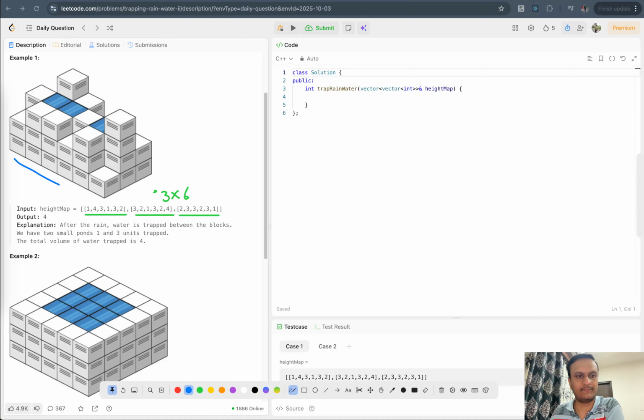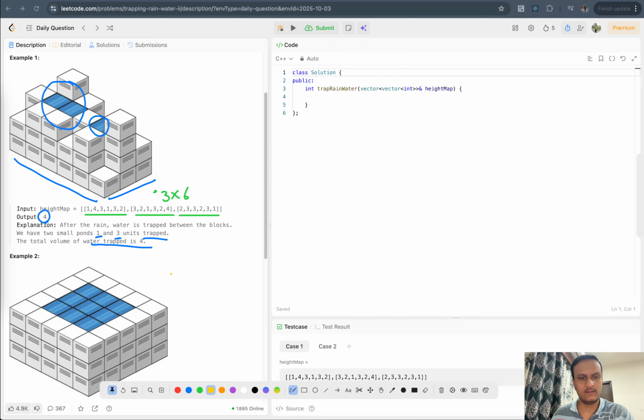So how much water is trapped here? 4 units of water is trapped. After the rain, water will be trapped in the blocks. We have 2 small ponds, 1 and 3 units trapped. So somewhere we have 1 unit, and somewhere we have 3 units trapped. The total volume of water trapped is 4.